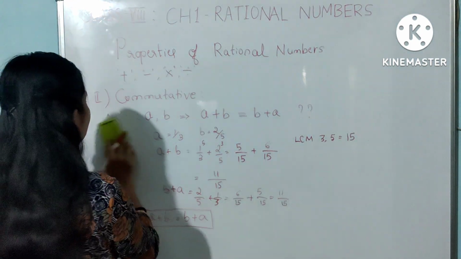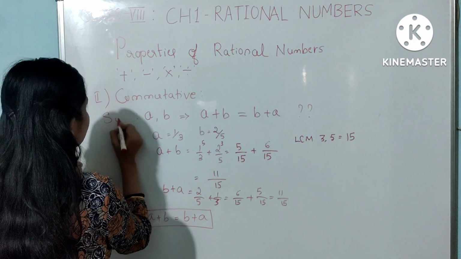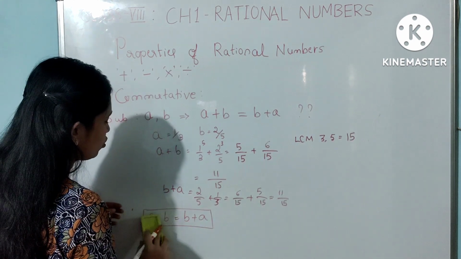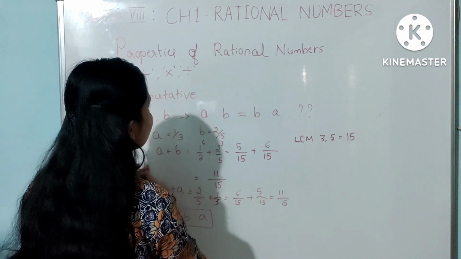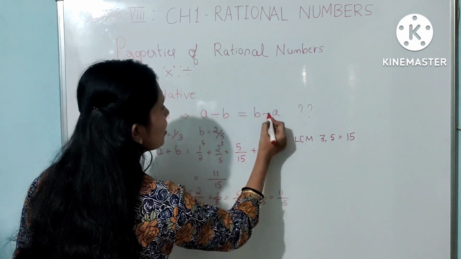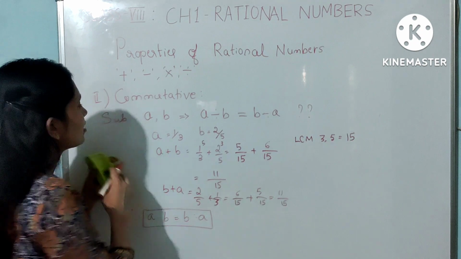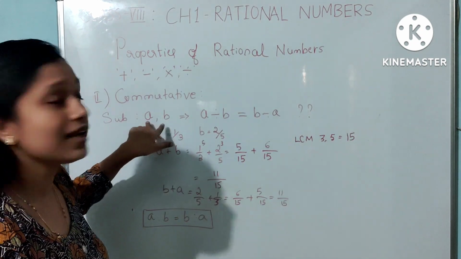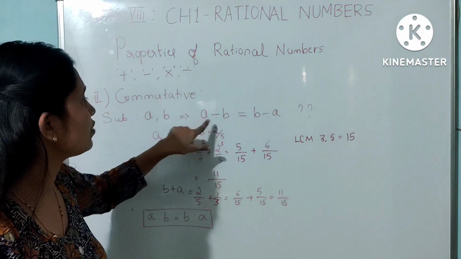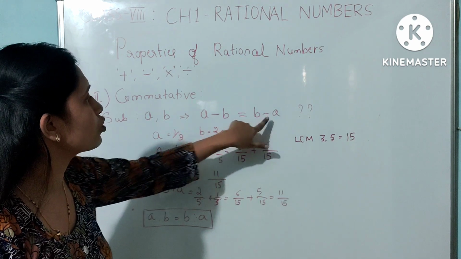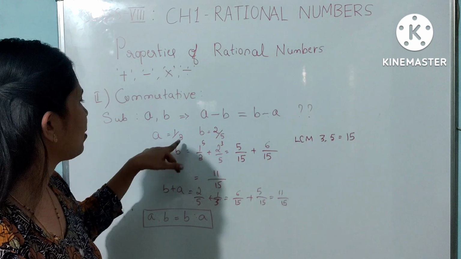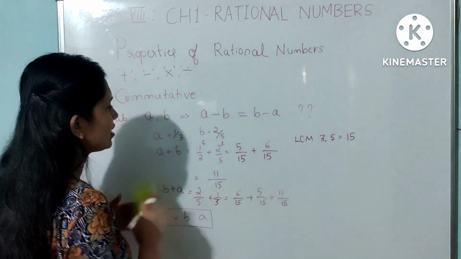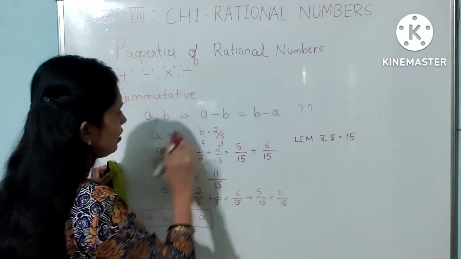The next one is subtraction. What do we have to check here now? Yes, correct, a minus b is equal to b minus a. Let us understand. In general, a and b are rational numbers. We have to check whether a minus b is equal to b minus a. We'll go with the same number 1/3, and for simplicity, 2/5.